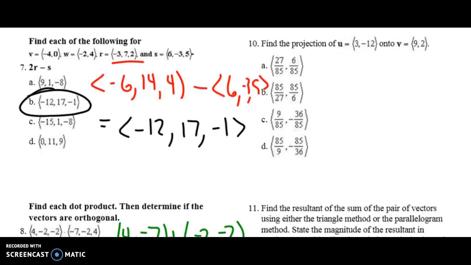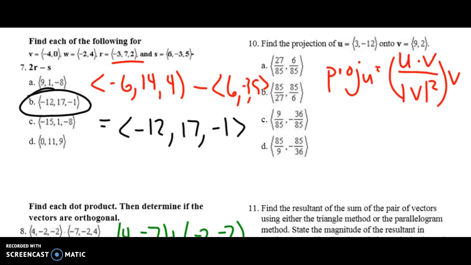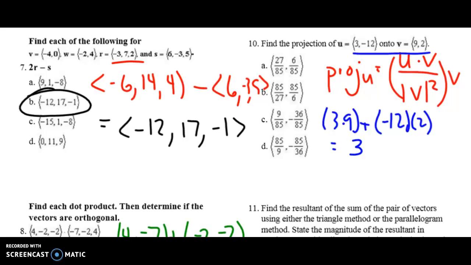Number 10, the projection of U onto V. So remember, the projection of U onto V was the dot product of U and V over the magnitude of V squared, all of that times vector V. So first we have to find the dot product. So when we're finding the dot product, we took 3 times 9 plus -12 times 2. 3 times 9 is 27, plus a -24, so that'd be 3 over the magnitude of V squared.